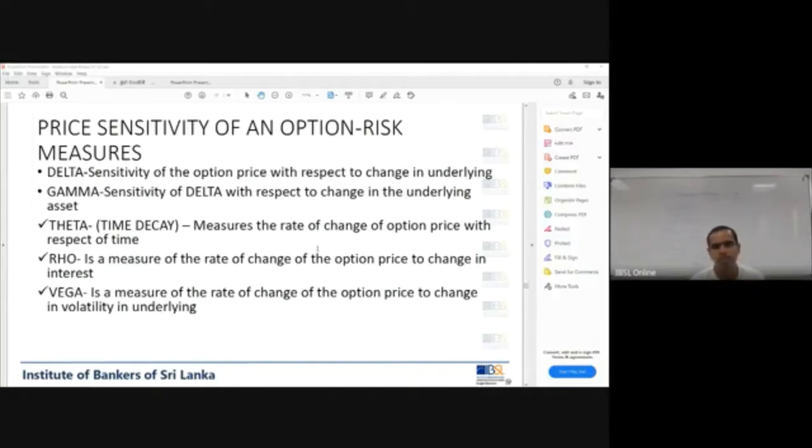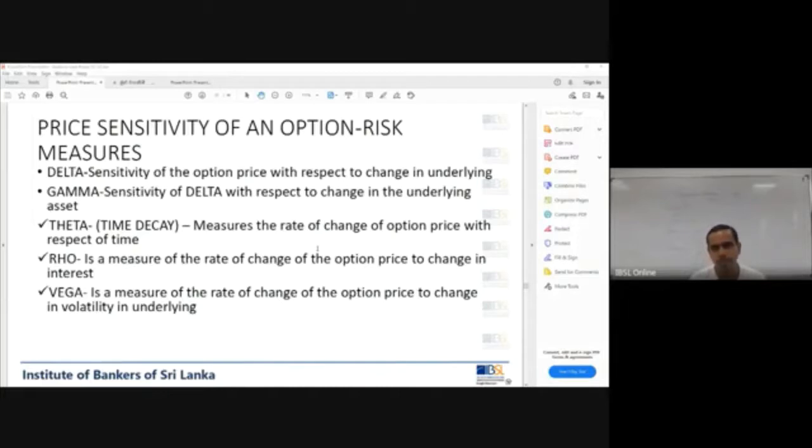These are called option Greeks. They're called Greeks not because no one understands them, but because these are Greek letters, part of the Greek alphabet. Delta, gamma, theta, rho, and vega are parts of the Greek alphabet. That's why they're called option Greeks.